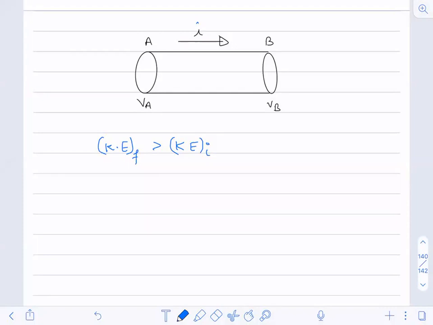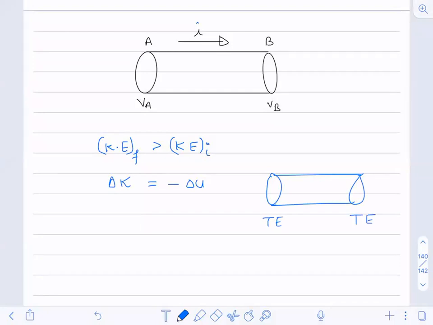So what I can write now is delta K, which is the change in kinetic energy, is equal to minus delta U, the potential energy change. Just try to understand that total energy will be constant, so total energy will be the same here as well as here.